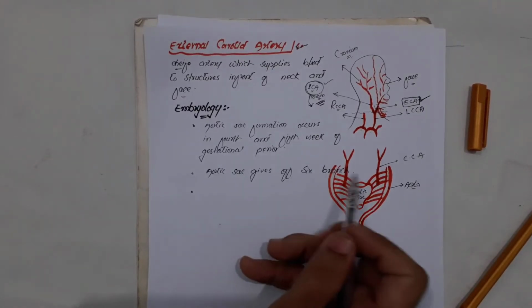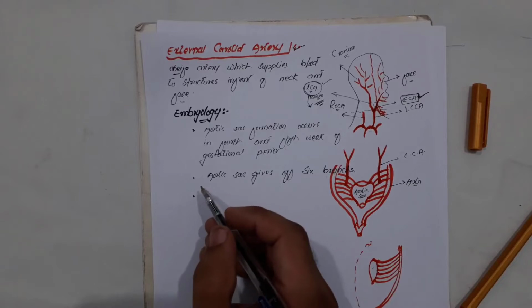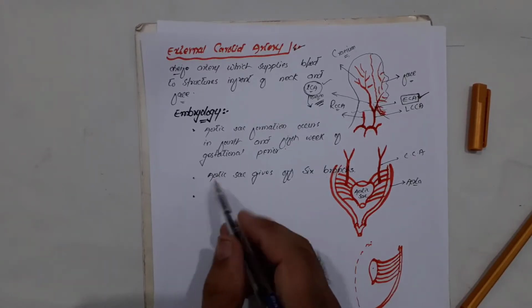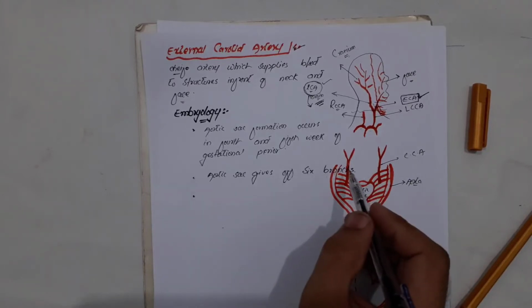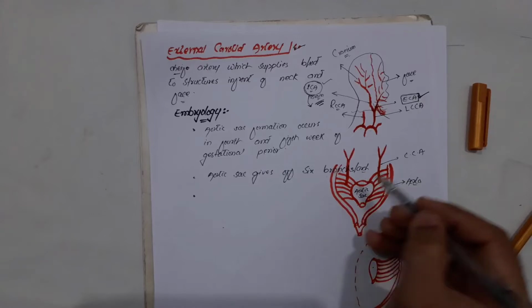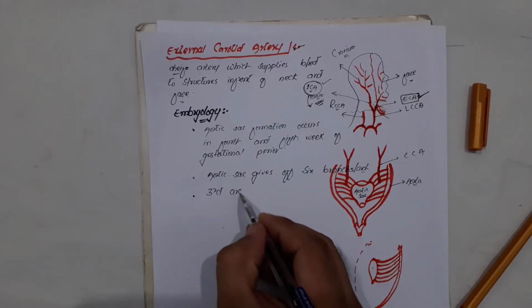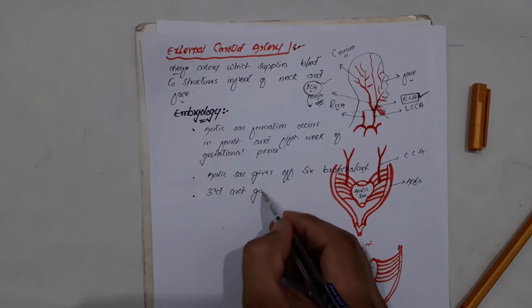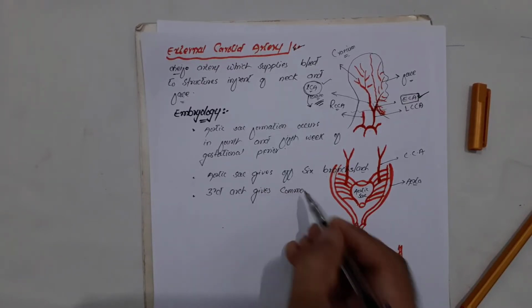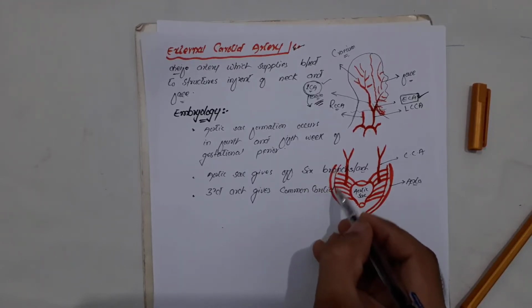Now let's move forward. The aortic sac gives off 6 branches. The third branch, or third arch, gives rise to the common carotid arteries. We can also write these branches as arches. So the third arch gives off the common carotid arteries.